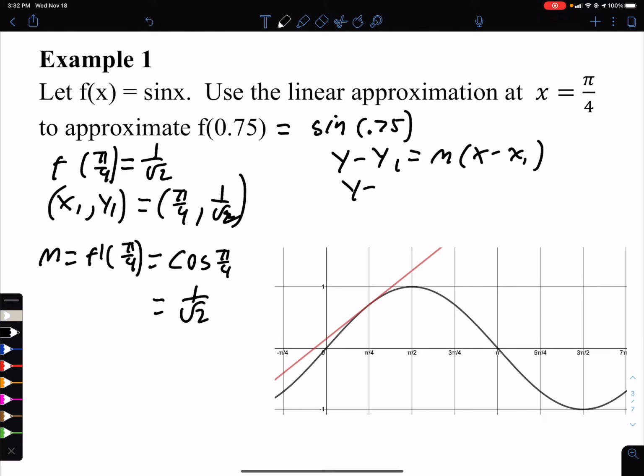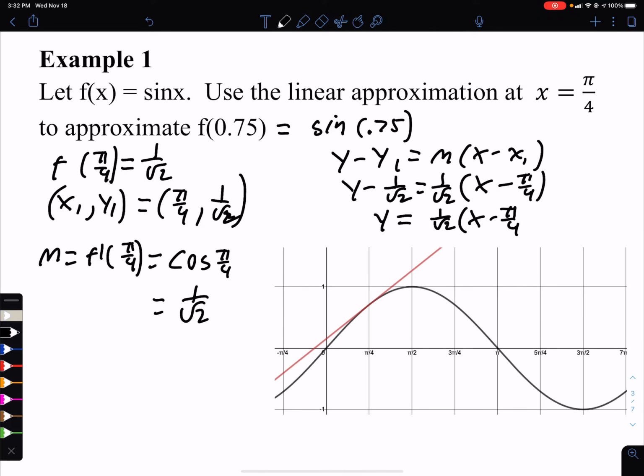Well, y1 is 1 over radical 2. The slope is 1 over radical 2. The x1 is pi over 4. I'm going to add the 1 over radical 2 to the other side. And we're going to call this our linear approximation formula.